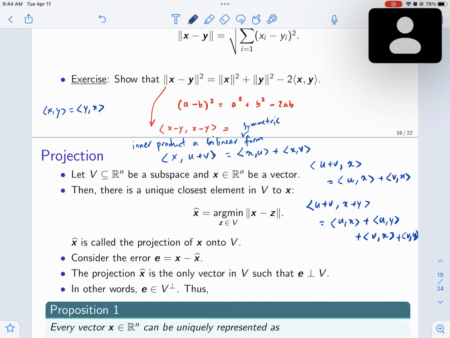Sounds good? This terminology is easy to remember. It might be a little bit harder to recall what it means, but if you remember symmetric bilinear form, it has a lot of information. Inner product is a symmetric bilinear form. Better to say symmetric bilinear form.